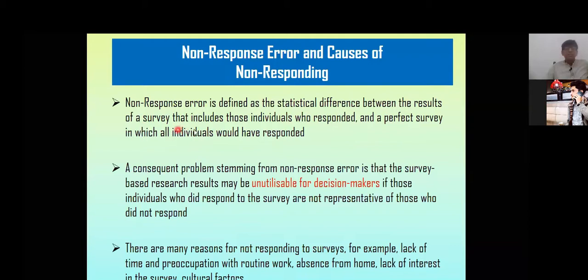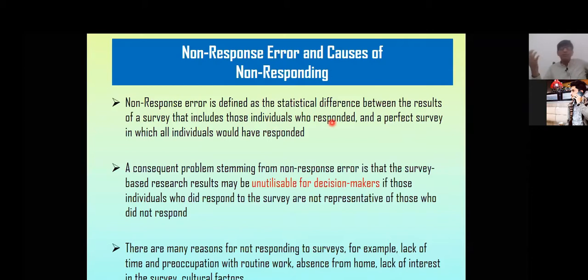For example, if your sample size is 100, and 40 people, 40%, are responding, and 60% are not giving the response, then it is an issue. Then it is a non-response error.